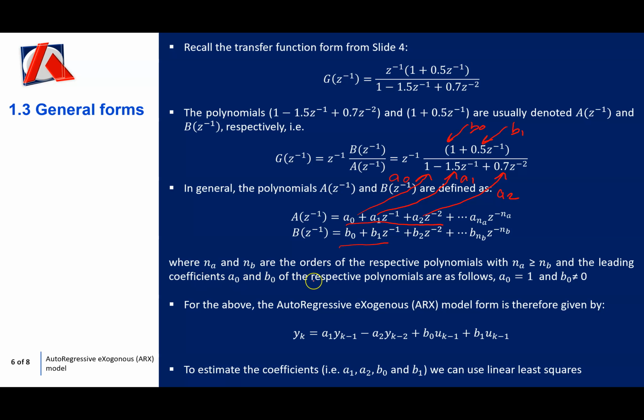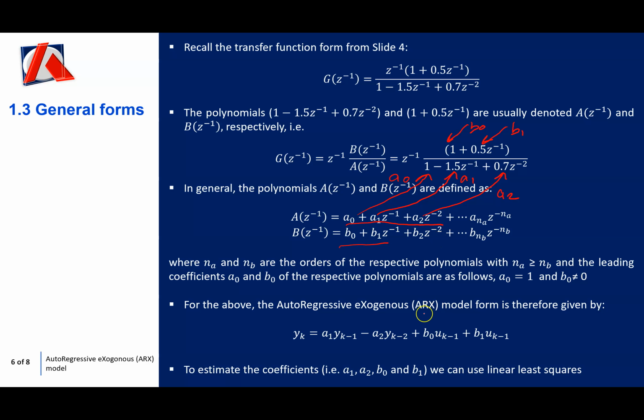Remember na and nb are the orders of the respective polynomials, and na is always going to be greater than or equal to nb. And it's worth noting about the leading coefficients that a0 in this case will always be equal to 1, and b0 here won't be equal to 0.